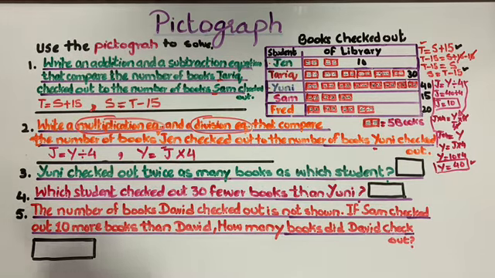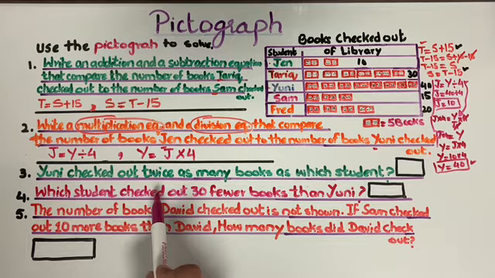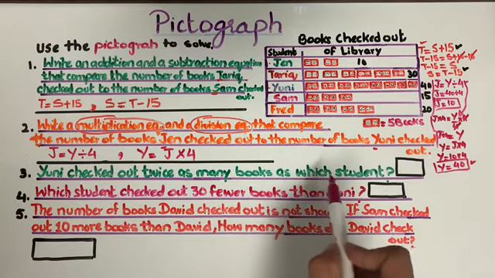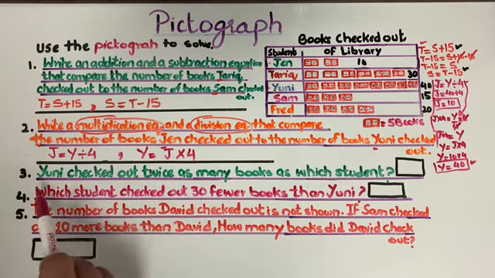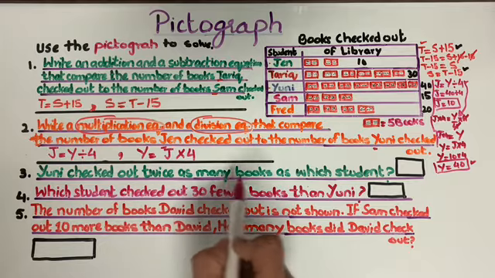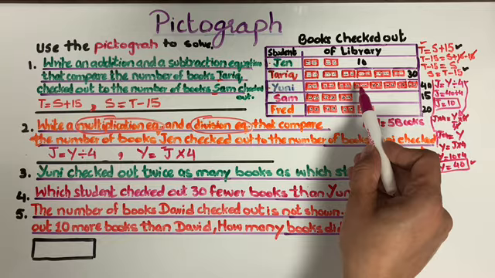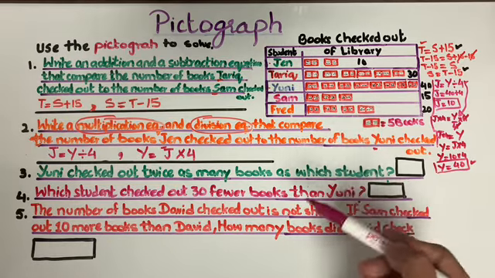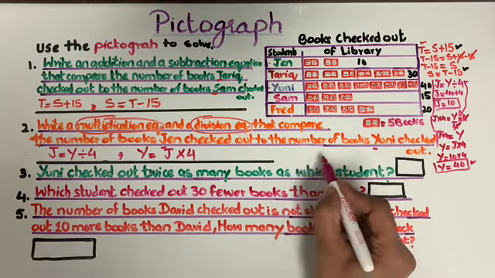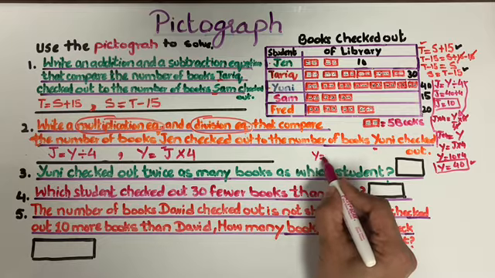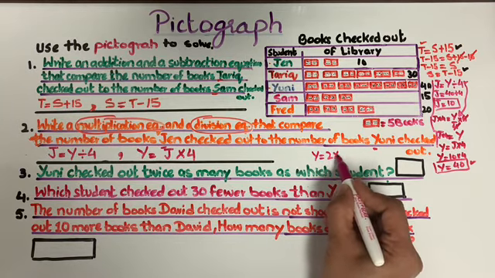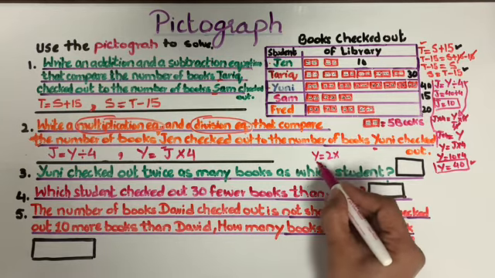Third question. Uni checked out twice as many books as which student? Uni checked out 40 books. So she checked out twice as many books. If I write Y for Uni, and 2 times what? I'll get Uni's books.